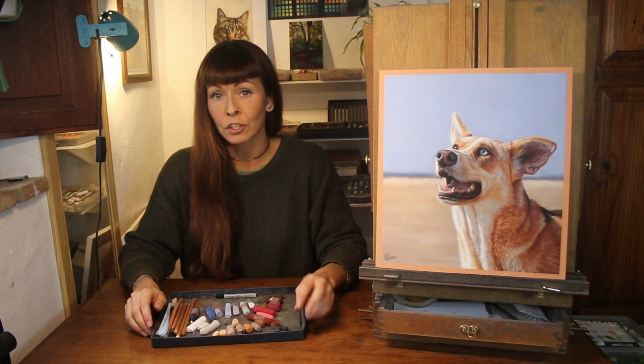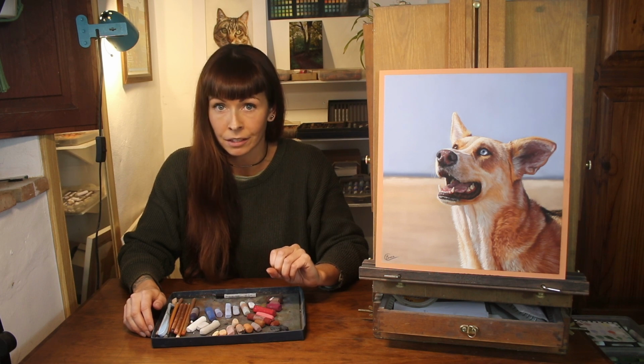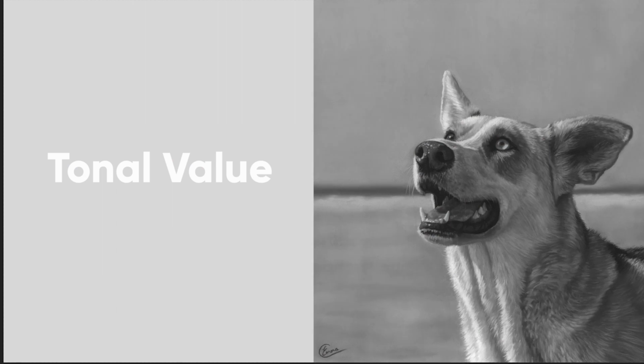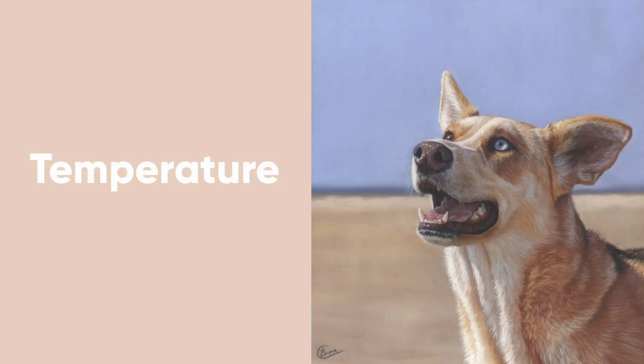And each time I mention two main considerations that I have when analysing colour: the tonal value, so how light or dark the colour is, and colour temperature, how warm or cool the colour appears. That helps me a lot when deciding on what colours to choose.